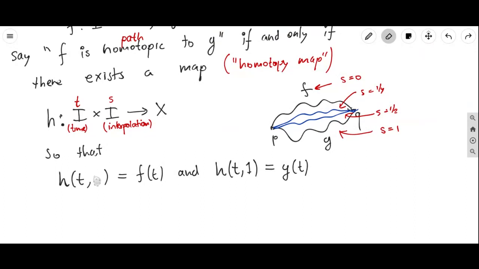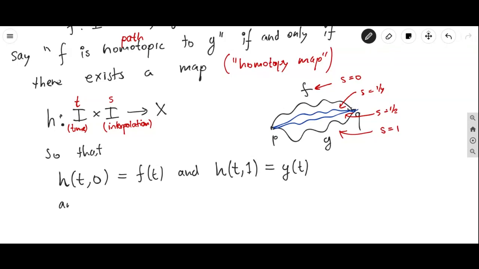And I guess I should say one more thing. I forgot to say this, that while you're doing this homotopy, all of these paths, these paths in blue that are in between, they always go from P to Q. So these are the two fixed points that never change.